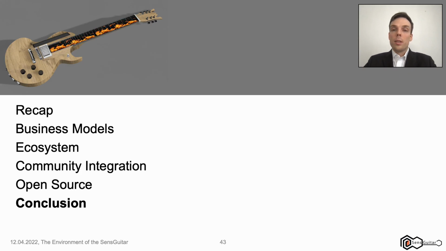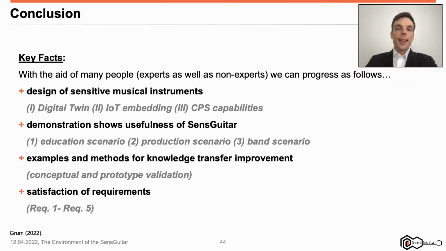Let's conclude the business models, ecosystem, and community of SensGuitar we have addressed today. As a summary, with this session we have, based on insights of the SensGuitar prototype demonstration we addressed in the recent presentation, further clarified numerous new roles, corresponding new business models, and their involvement in an economic ecosystem.